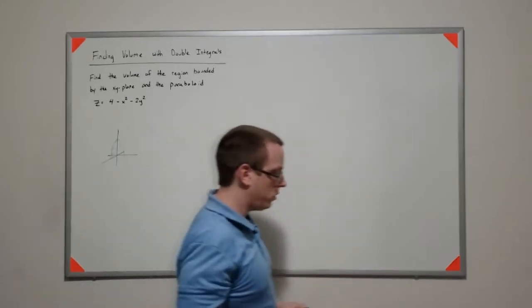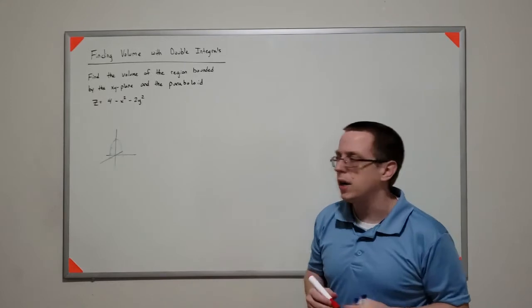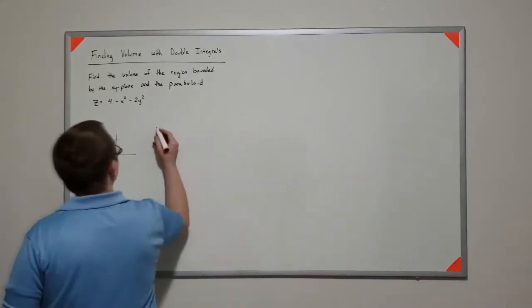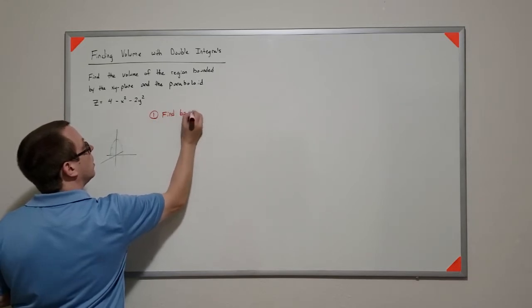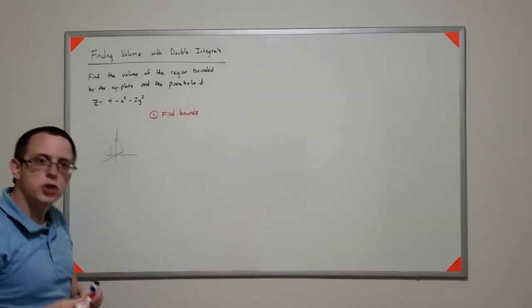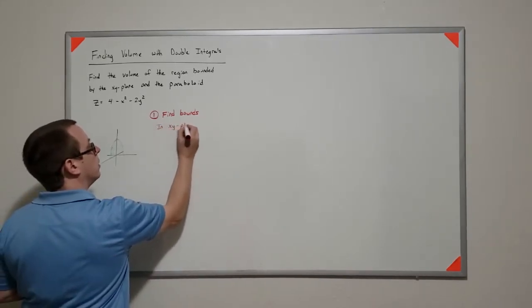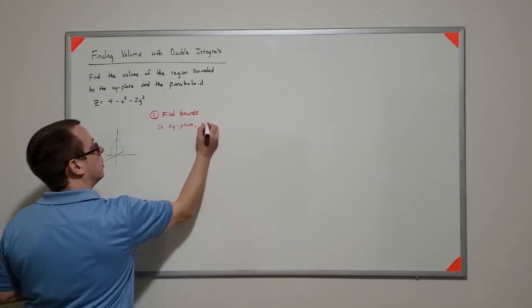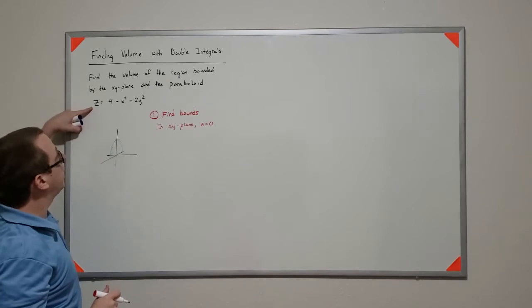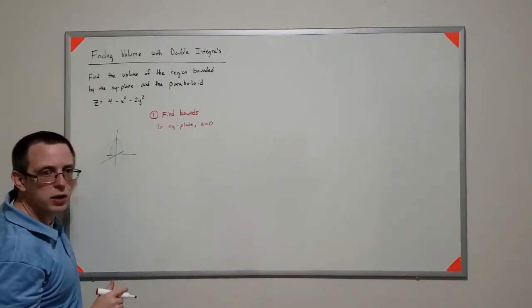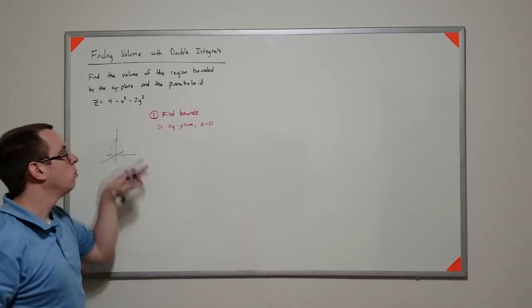So let's go ahead and start looking at this. The first thing we always want to do is find the bounds. And so we know that it strikes the xy plane. The z value has to be equal to 0. So that tells me that for this particular case, we're going to take that level curve where z equals 0.